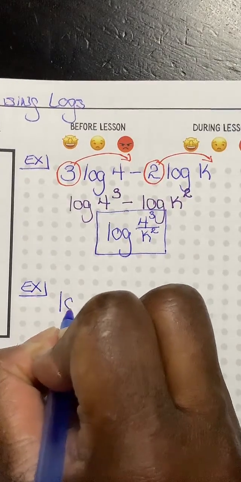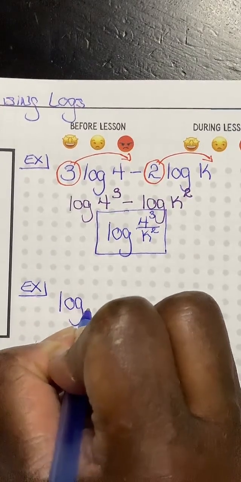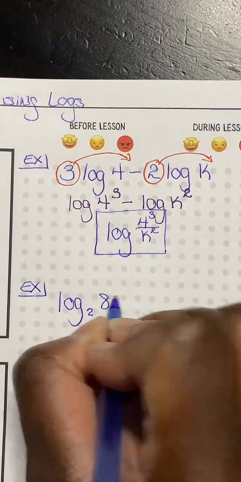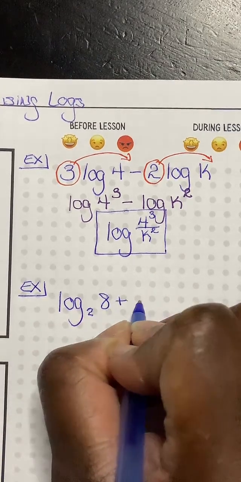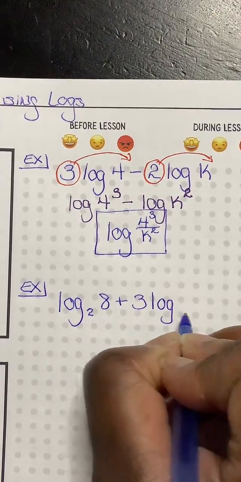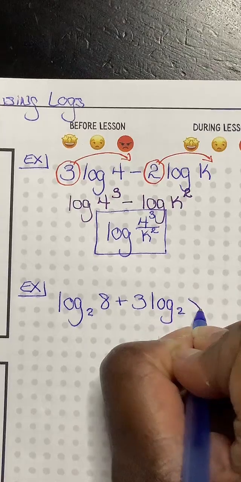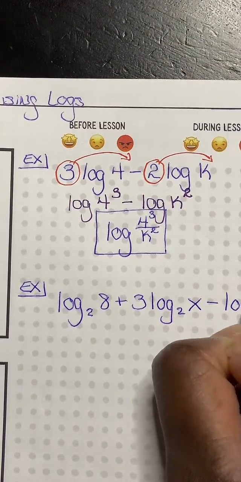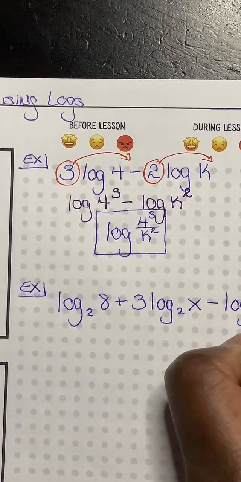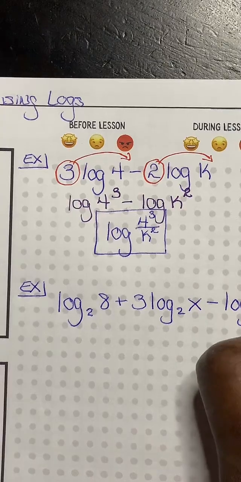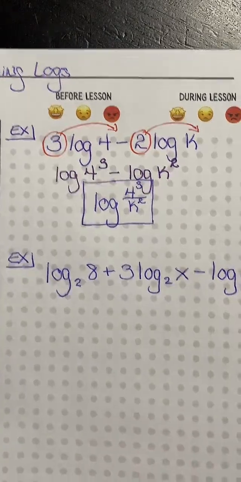Let's go with log base 2 of 8 plus 3 log base 2 of x minus log base 2 of the square root of y.